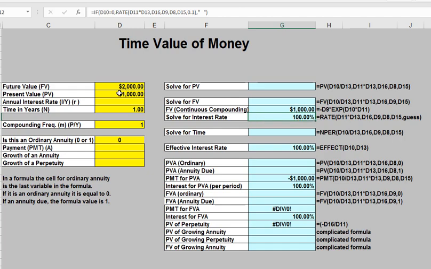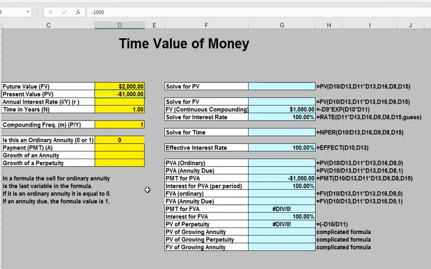Now, one thing I neglected to say, and I should have said earlier, the present value cell, 99.99% of the time, will always be a negative number. So you'll always input it as a negative number, with, again, rare exceptions.